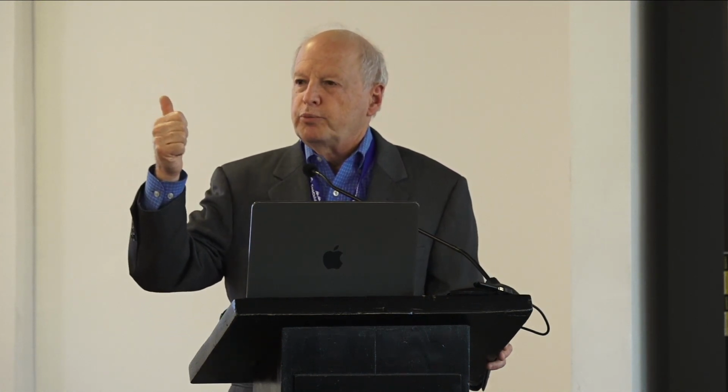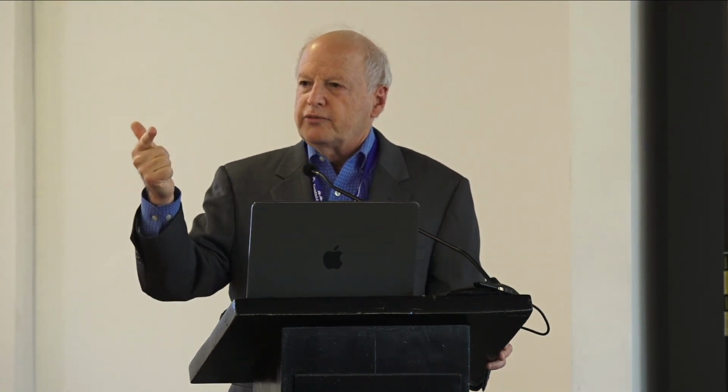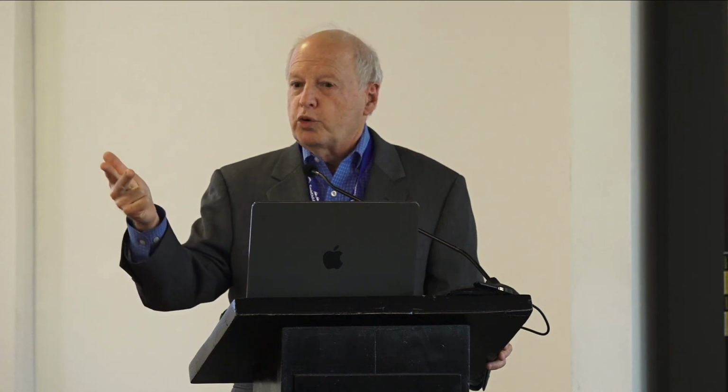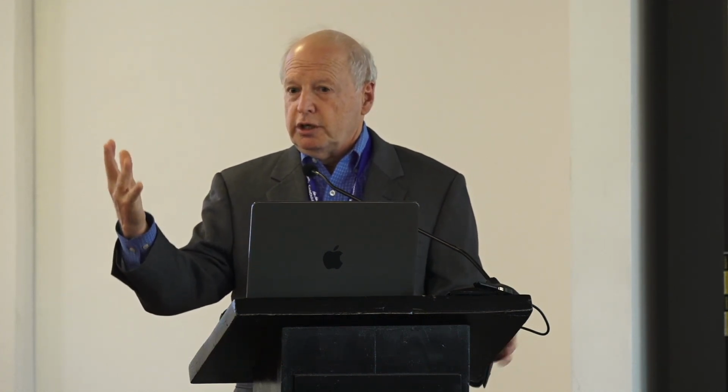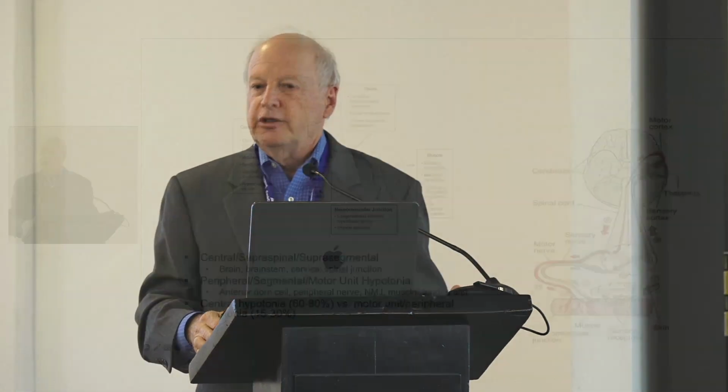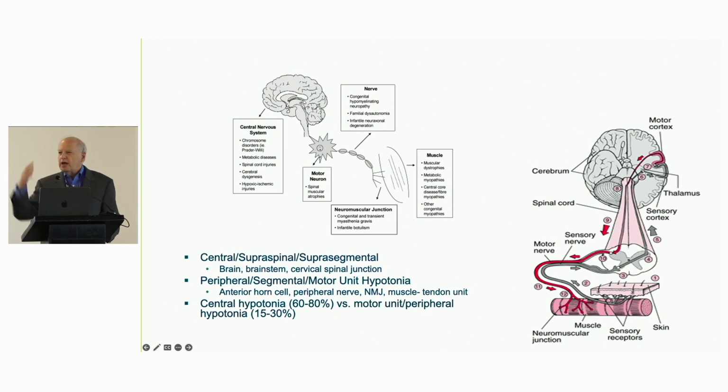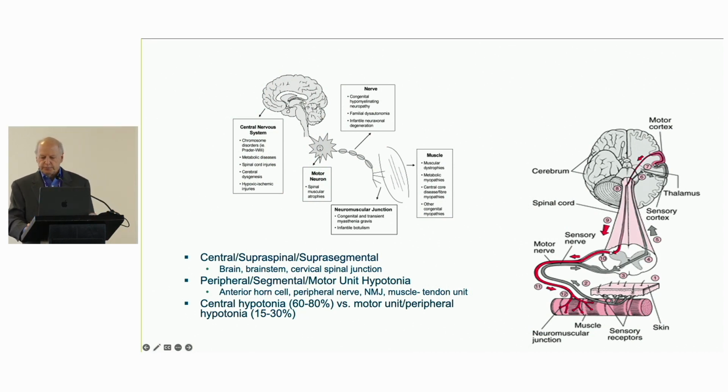We're going to cover brain, brainstem, spinal cord, nerves, neuromuscular junction, and then the muscle/tendon together. So that's how I like to think about my differential when I'm looking at the child to try and understand, is this a brain problem or is this a peripheral problem?